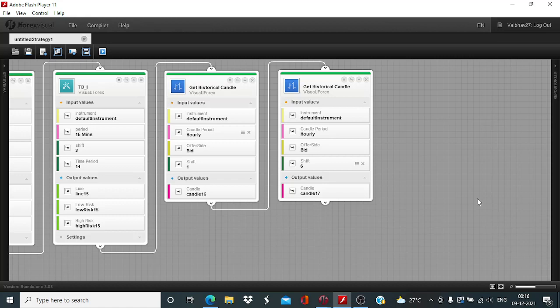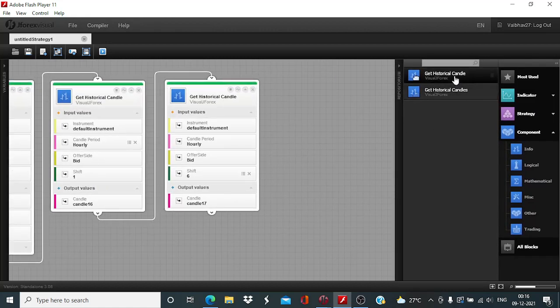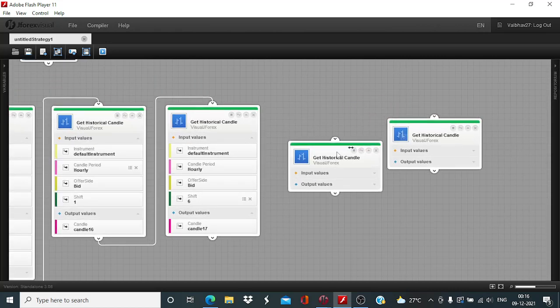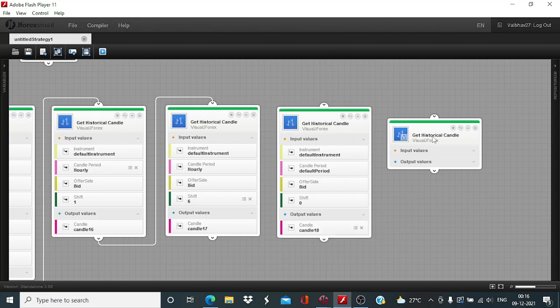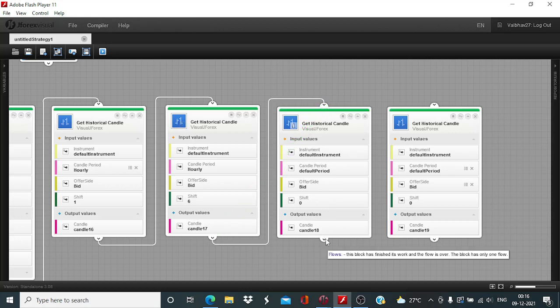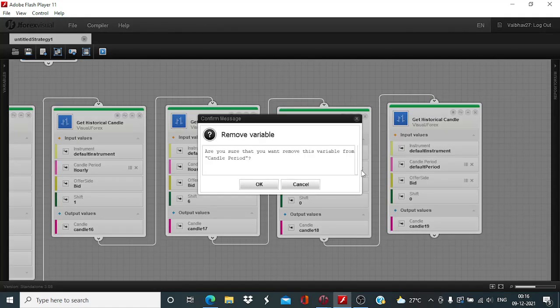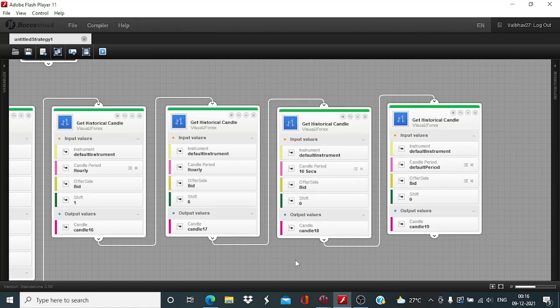And to pinpoint the exact entry point, we will take the help of 10-second blocks. So for that, 2 more of these get historical candle. I will change the candle period to 10 seconds.